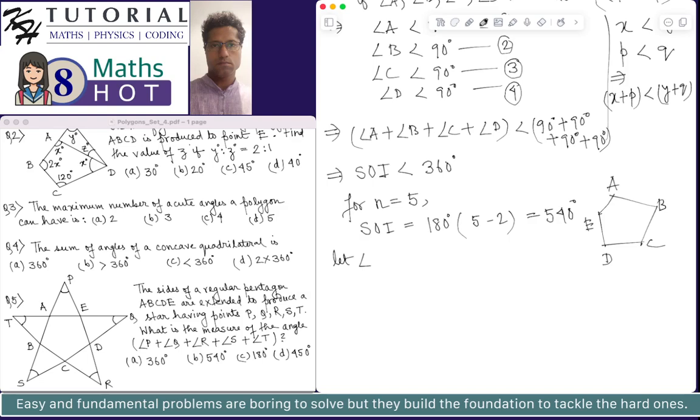So if 4 interior angles are acute, the fifth angle will be more than 90 degree.